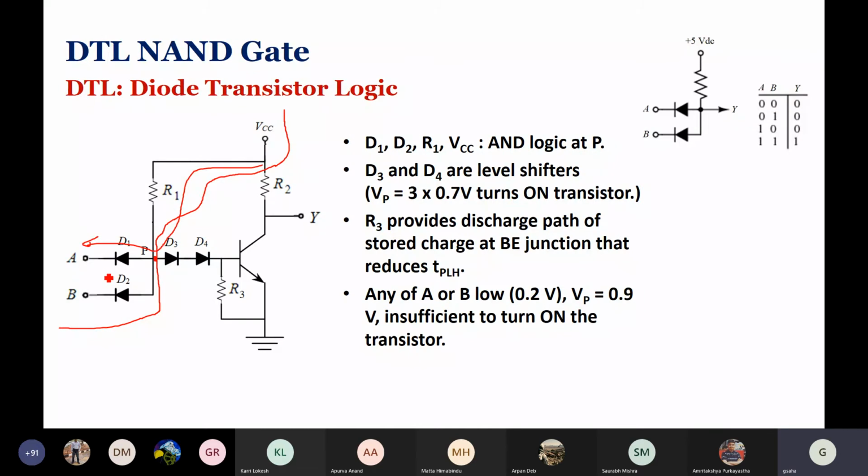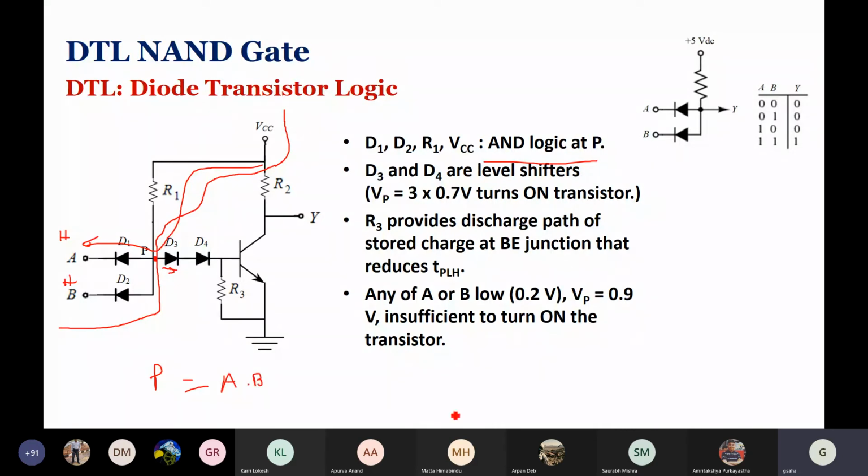Only when both are high is no current flowing. So P is AND logic: P is A and B.